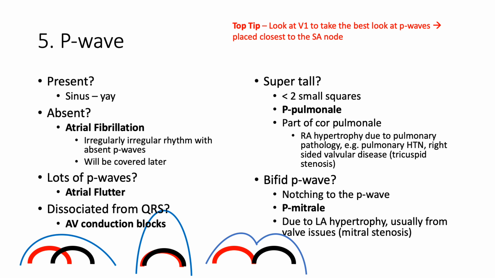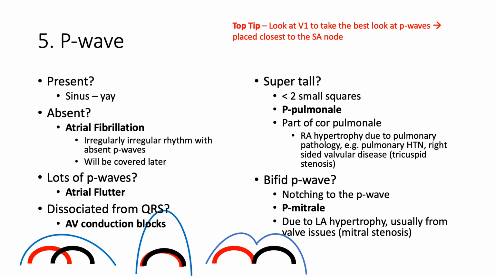And we'll cover this later. If there's lots of what looks like P waves, and they're quite regular, so they look the same, then it's atrial flutter. If it doesn't look like they're talking to each other, it's probably AV conduction block. And if they look funny, then it could be these 2 things. So this one here is our P pulmonale.